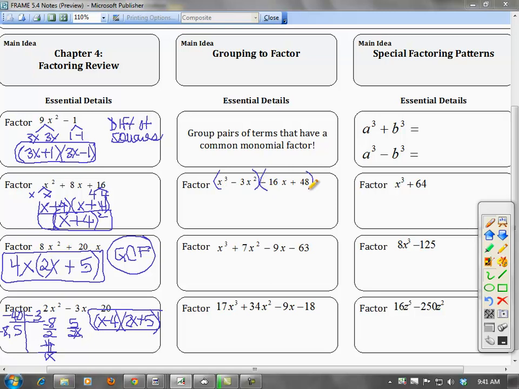And what we're going to do is look for the greatest common factor. So what do these first 2 terms share? Well, they have x's. They at least have x squared. So on the first part, I'm going to take out an x squared, and if I take out 2 x's, I have 1 x remaining, minus, if I take out an x squared, I only have the 3 remaining.